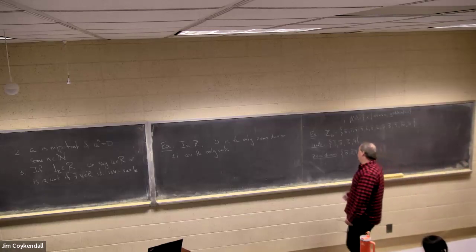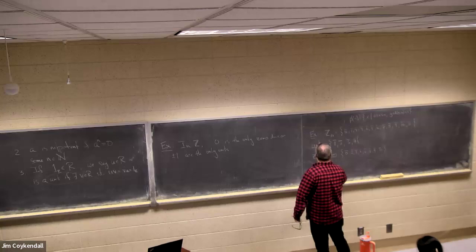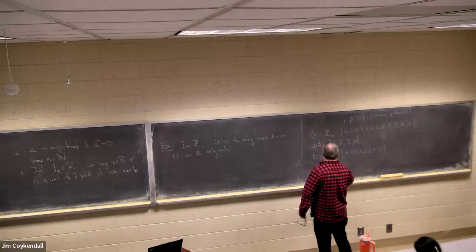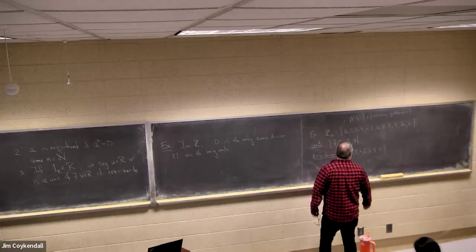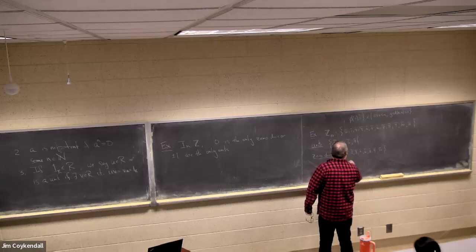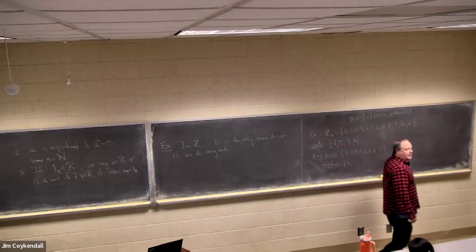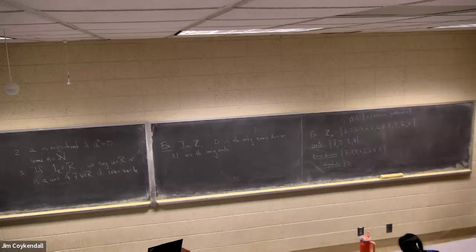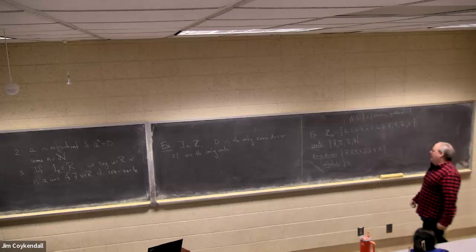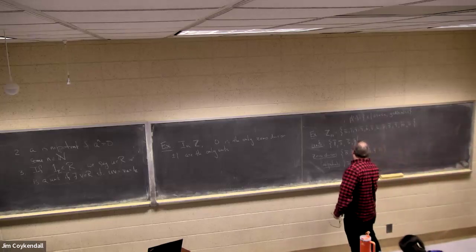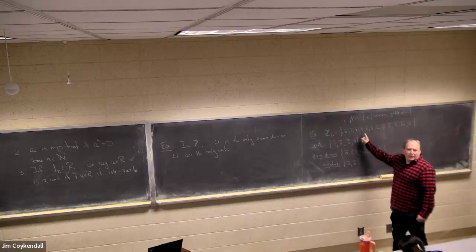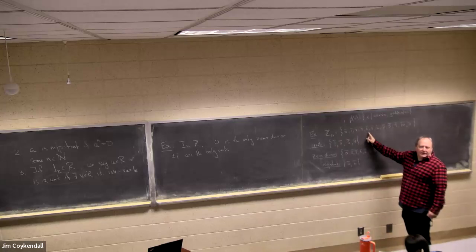How about nilpotents, if any? Well, there's always one, zero. Zero's nilpotent. Are there any others? You need a power of something to have a multiple of 12 in it.